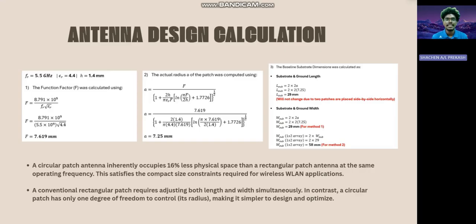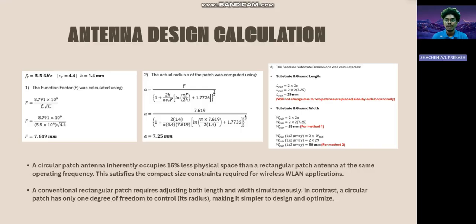Let's move to antenna design calculation. As we know, our frequency is 5.5 gigahertz, our epoxy substrate is 4.4, and our h is 1.4 millimeter. After we apply the values in the formula, we got F equals 7.619 millimeter, and the same goes for the actual radius: we got a equals 7.25 millimeter.